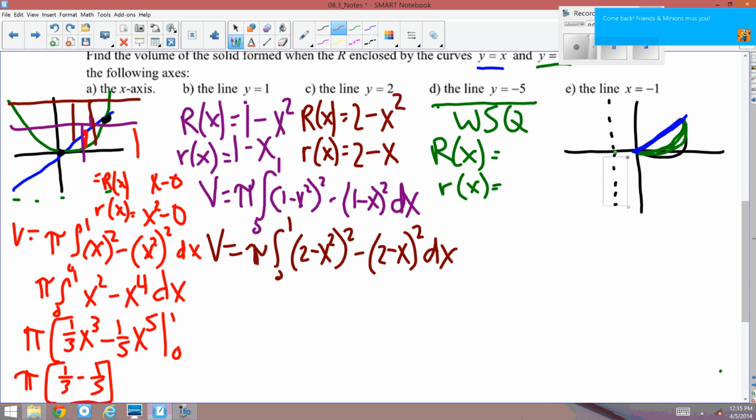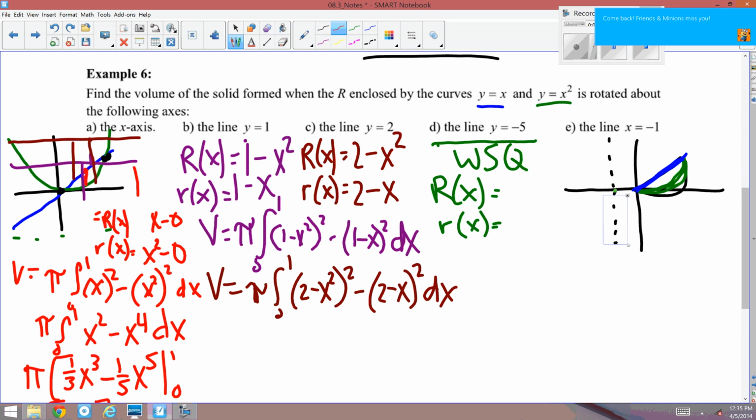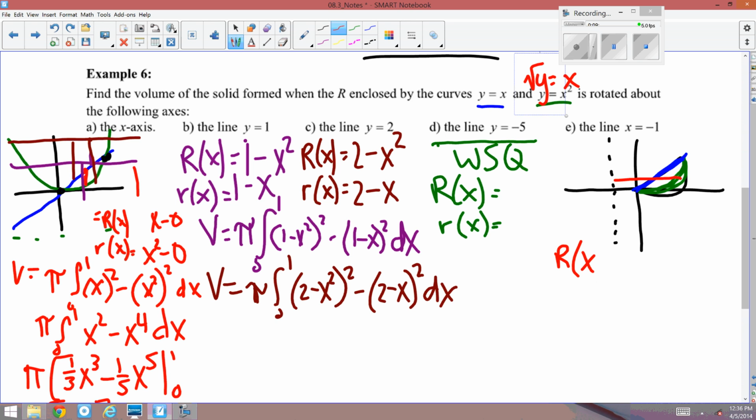So we're going to have to do this in terms of y now, because we're going to do right minus left. So my big radius would be this. Solving that, the square root of y equals x. So my big radius in this case is going to be the square root of y minus -1, or the square root of y plus 1.